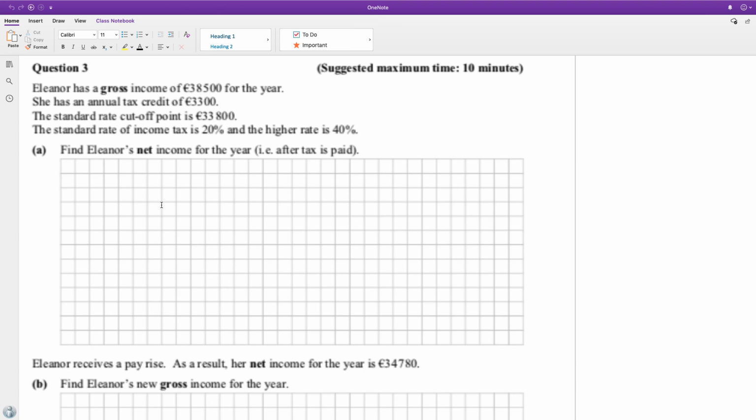Eleanor has a gross income of 38,500 for the year. She has an annual tax credit of 3,300, a standard rate cut-off point of 33,800, and two rates of tax. Off you go and get her net income. What is net income? Net income, take home pay.